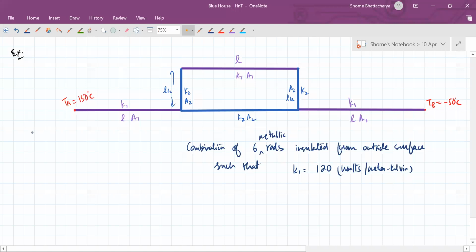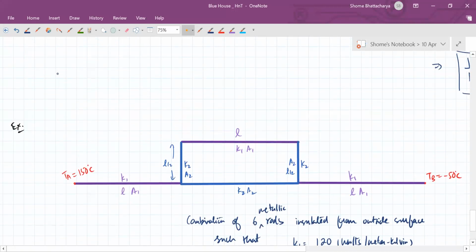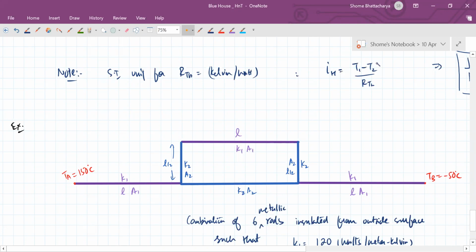Oh, before I forget one thing, the SI unit for thermal resistance is Kelvin per watt. Okay. Because we have this relation, heat current is equal to temperature difference divided by thermal resistance.